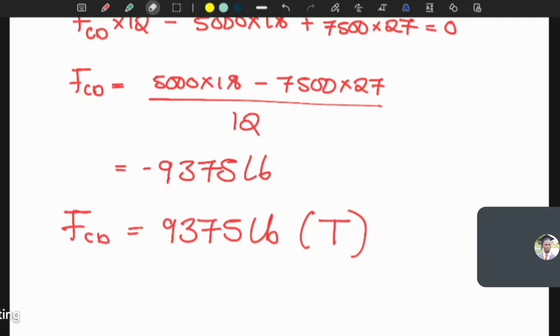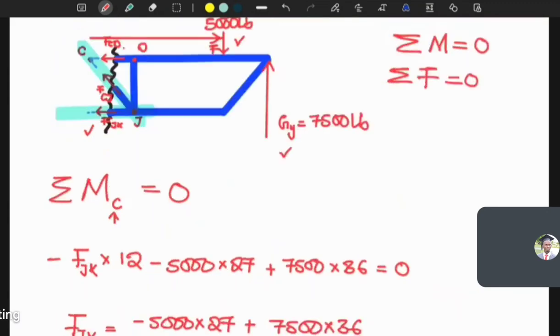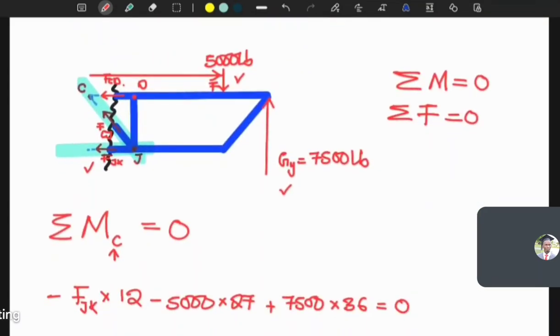Okay, so we have found FCD as well. Now we move on to the last one for this one, CJ. So how do we figure out CJ? For CJ, we see that we can use rotations, but it might be a little bit too much for us.